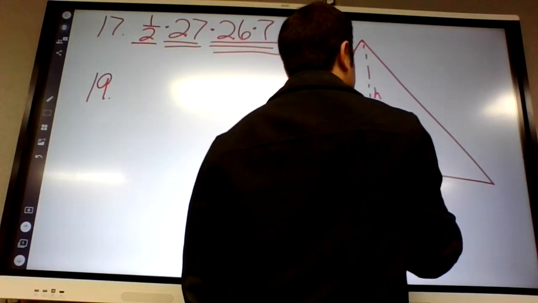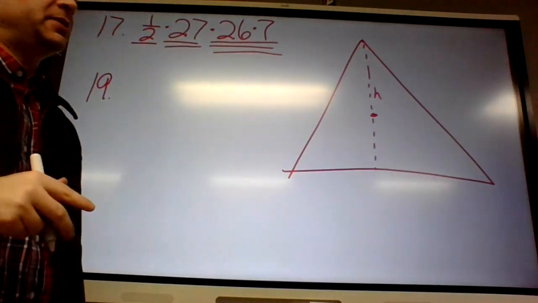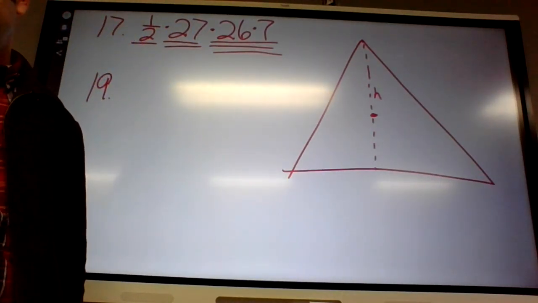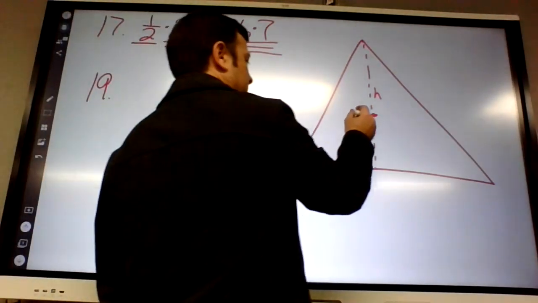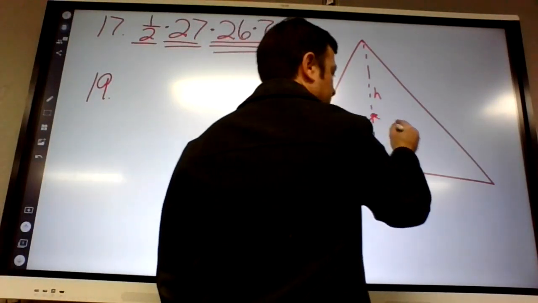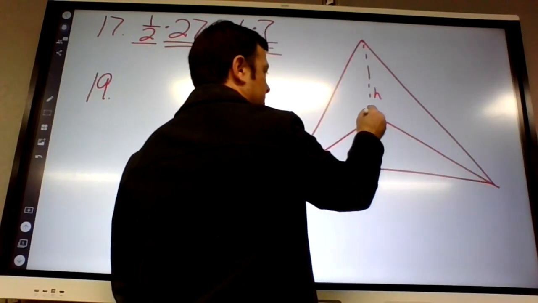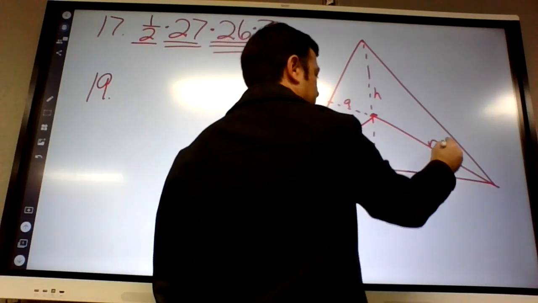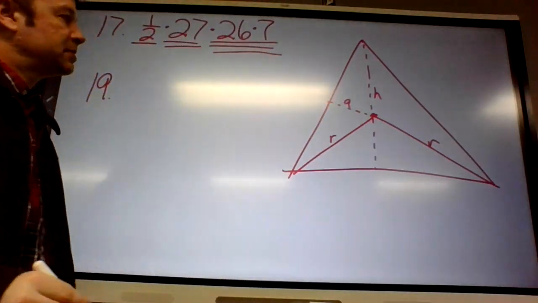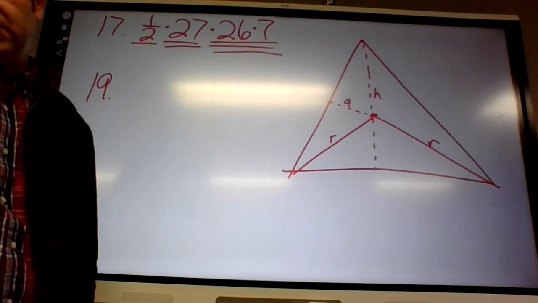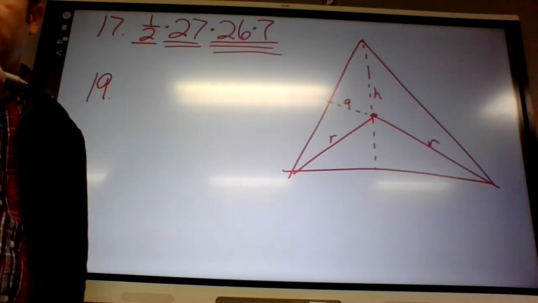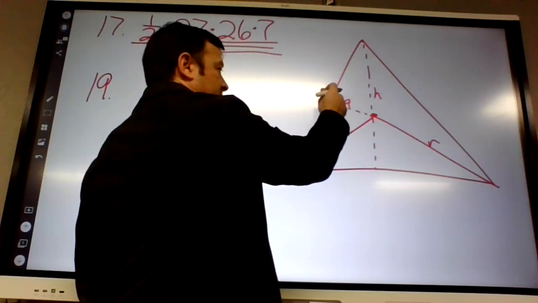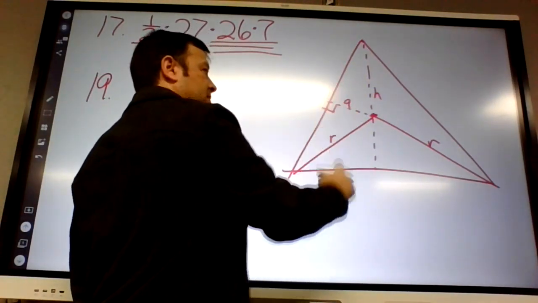This is the center. The center would be the same distance from each vertex. They drew 2 radii, and they drew an apothem right there. Radius, radius. Yeah, the apothem is always going to be 90 degrees because it's like the height of one of these little triangles.